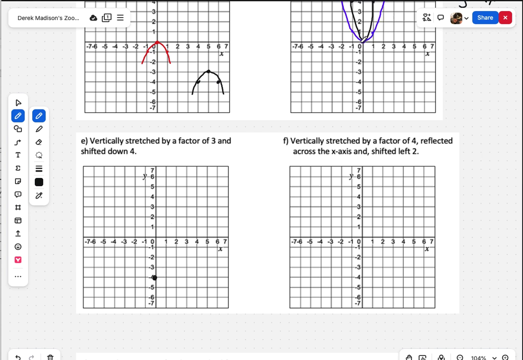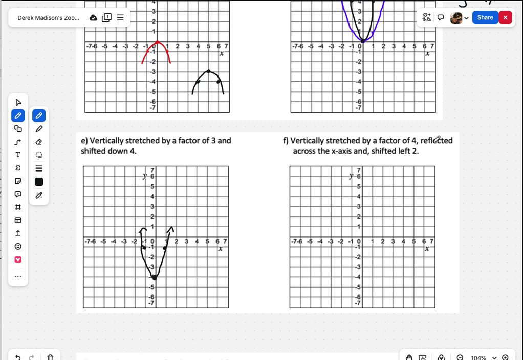And same as up here, instead of going over 1 and up 1, I went over 1, up 4. This one's going to go over 1 and up 3 because it's stretched by a factor of 3. So those inner 3 points make the stretches actually pretty easy because whatever the factor is, that's the new height. And then, again, something kind of like that.